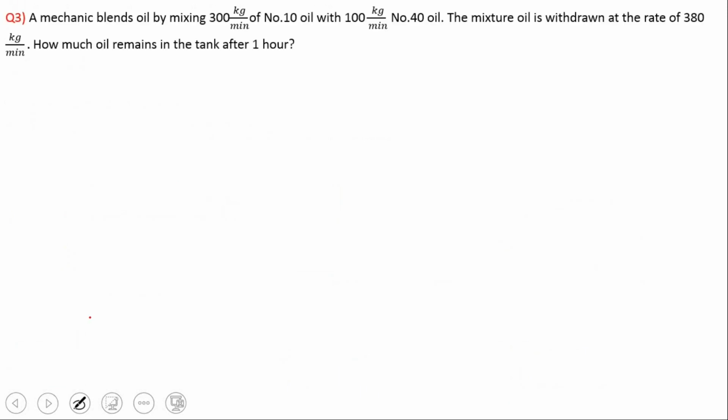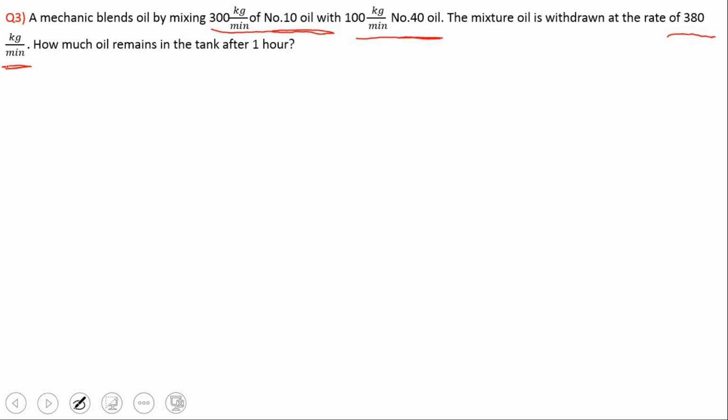For the third question, a mechanic blends oil by mixing 300 kilogram per minute of number 10 oil with 100 kilogram per minute of number 14 oil. The mixed oil is withdrawn at the rate of 380 kilogram per minute.